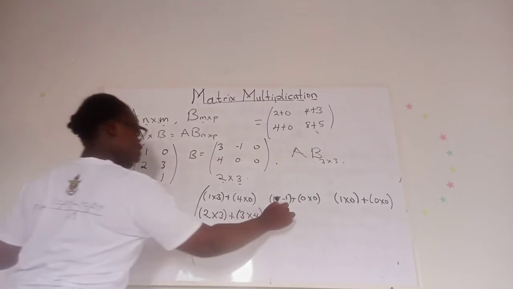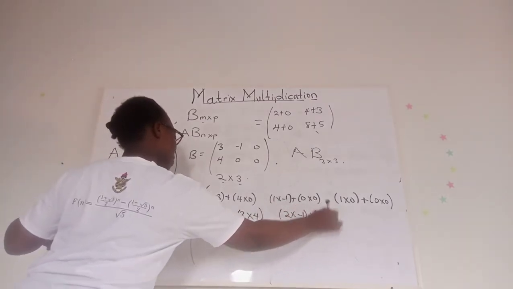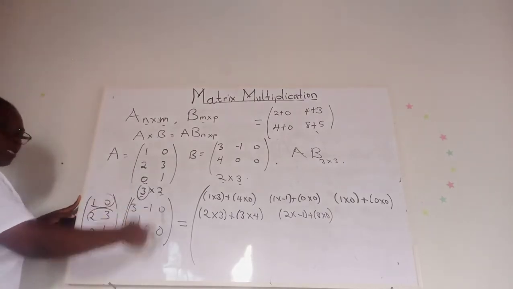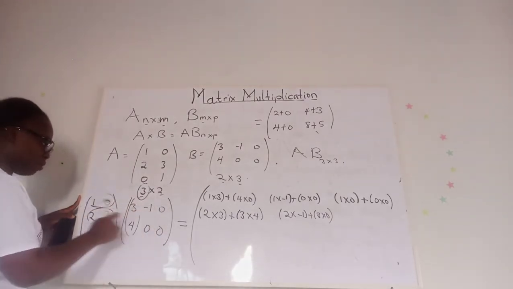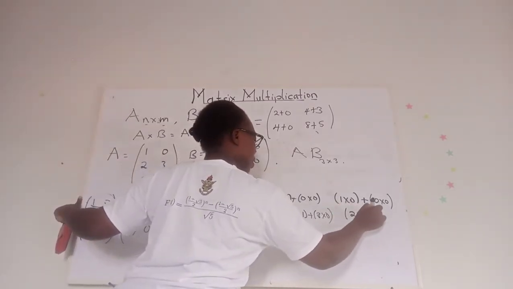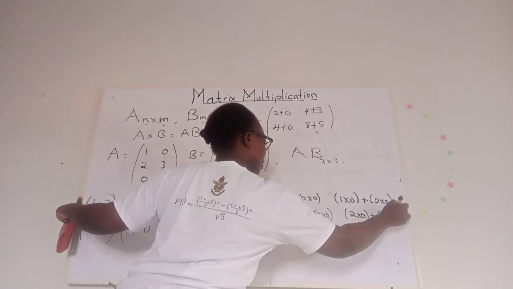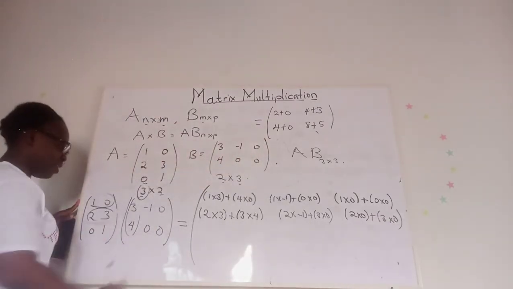Then second row, third column: 2 times 0 plus 3 times 0. That's for the second row.